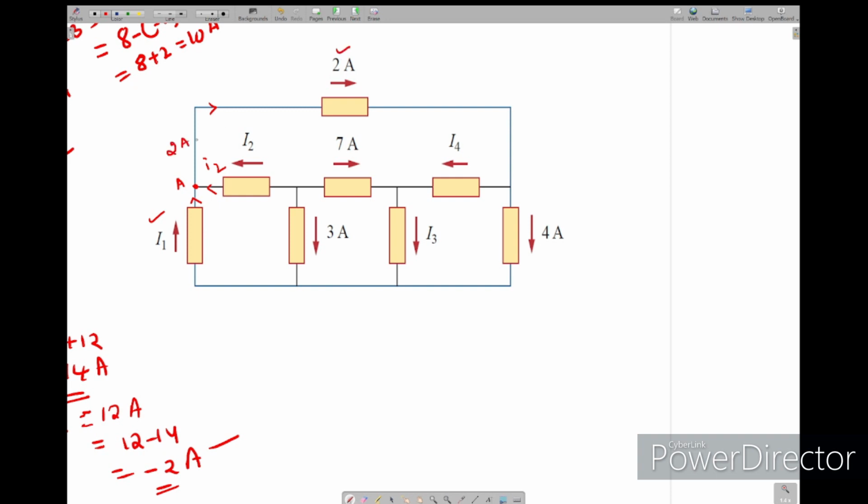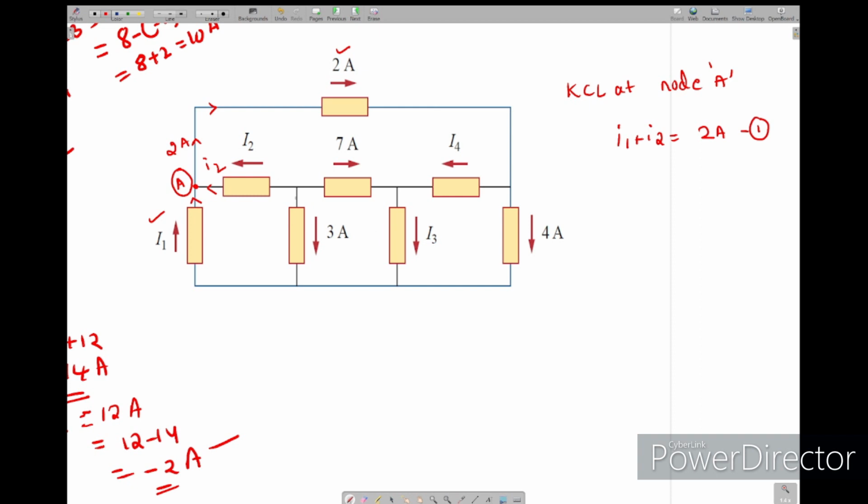So we'll write KCL at node A. First we'll write the equations, after that we'll find I1, I2, I3, I4. At node A, KCL is: entering current I1 plus I2 equals leaving current 2 amps. This is our first equation.